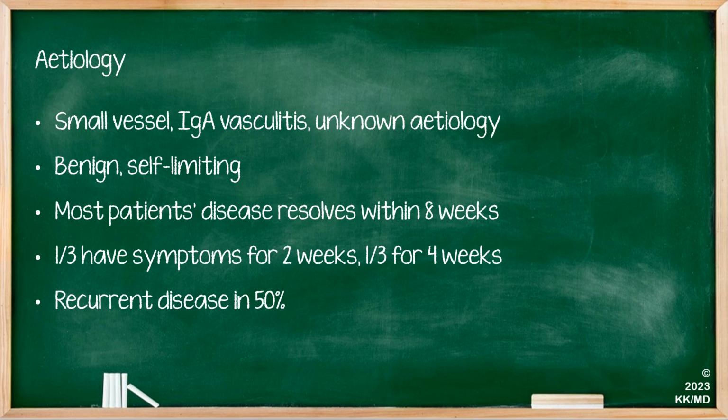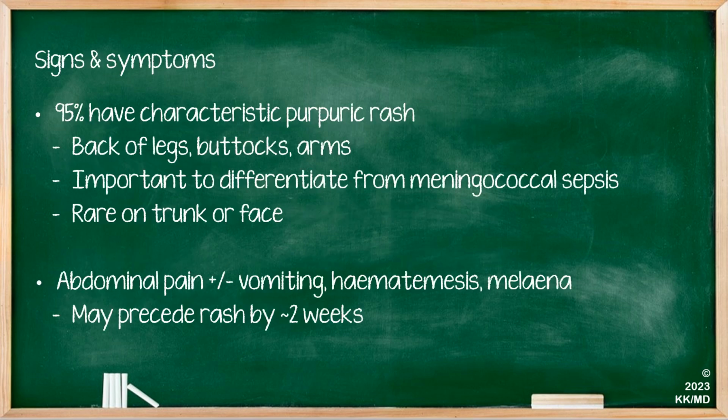One third of patients will have symptoms for 2 weeks and one third for about 4 weeks. And there is about a 50% chance of the disease recurring again at another stage in life.